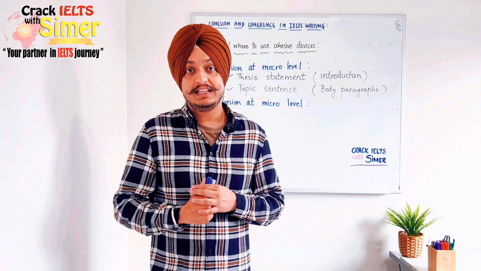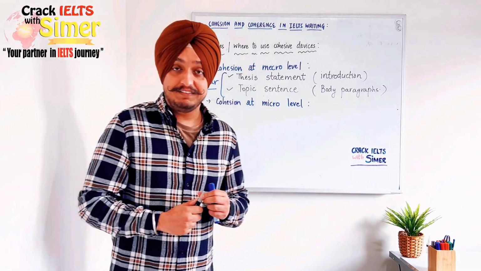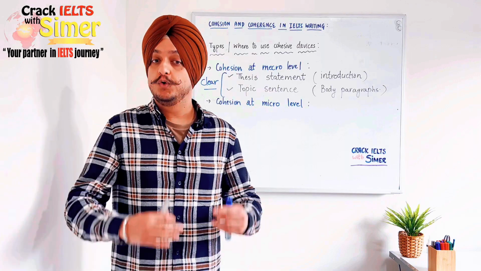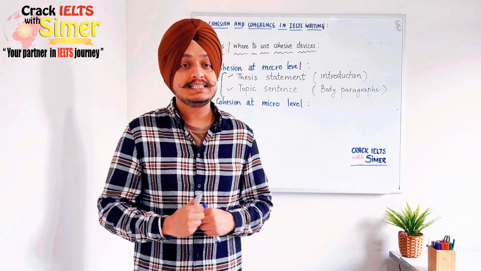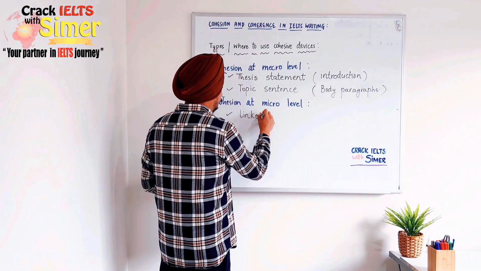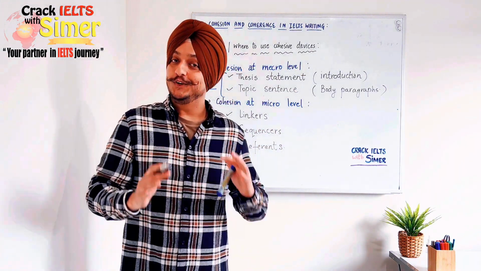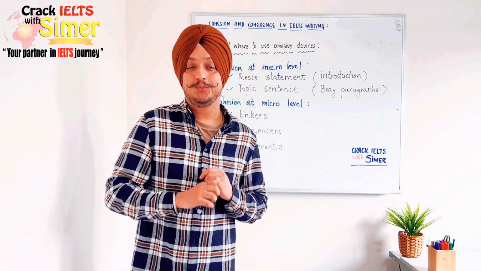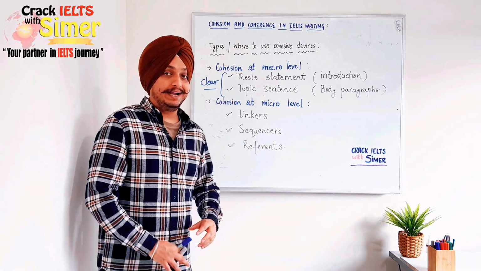To offer cohesion at micro level, the first thing is linking devices. I know most of you know what linking devices are, and then sequences, and finally the reference. Again, you don't have to worry about these heavy words: linkers, sequences, reference.